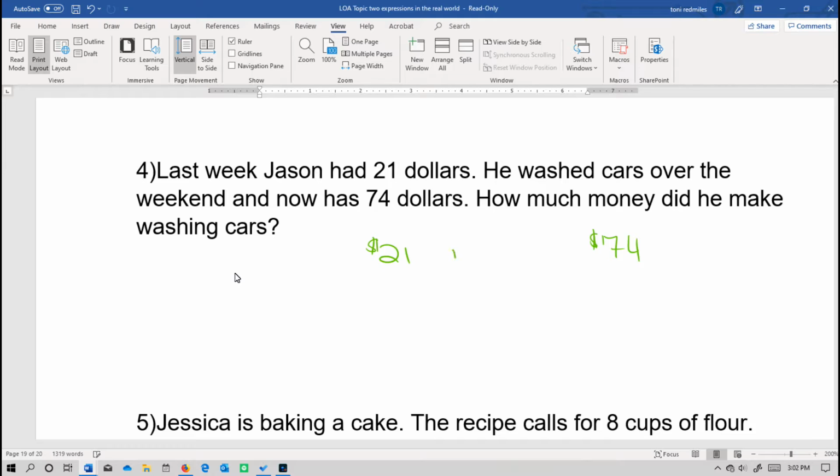He made money washing cars, and we need to know how much he made. Okay, so we're given the sum of two things. So to write it as an equation, we got to write it as a sum. But we know from common sense that we're actually going to subtract to figure out that he has $53. That's how much he made washing cars.